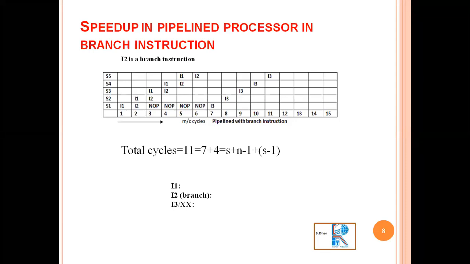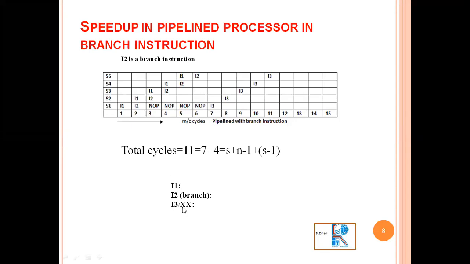Branch instruction means if a condition is satisfied, we will go to one address, otherwise we will go to another address. So there is a trade-off between the 2 types of instruction. Either you go to one instruction or another.